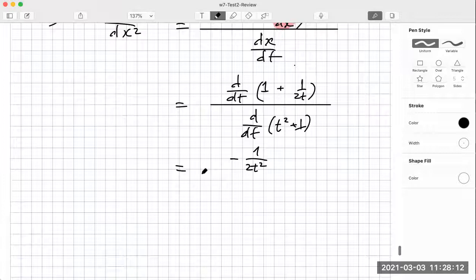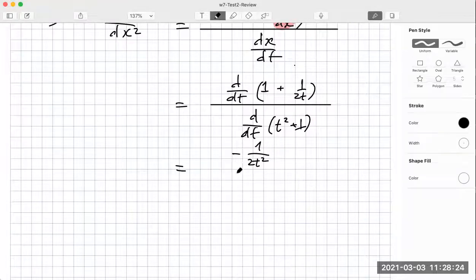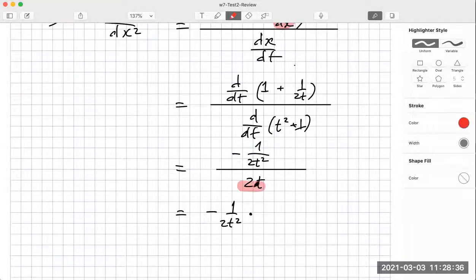Okay, they are divided by dx over dt. Here it will be 2t. Then it is the same as negative 1 over 2t squared multiply with the reciprocal of the denominator, which is, the denominator is 2t, so the reciprocal will be 1 over 2t, right?